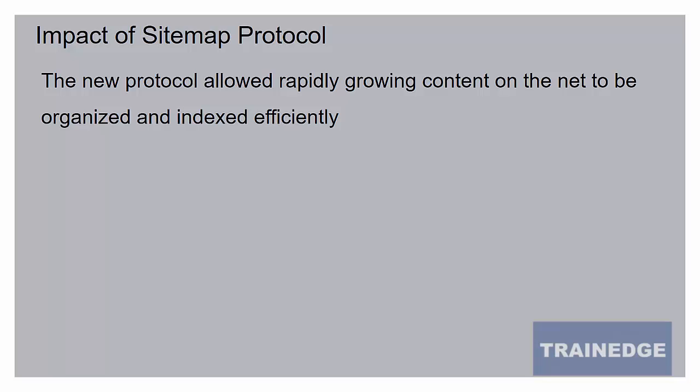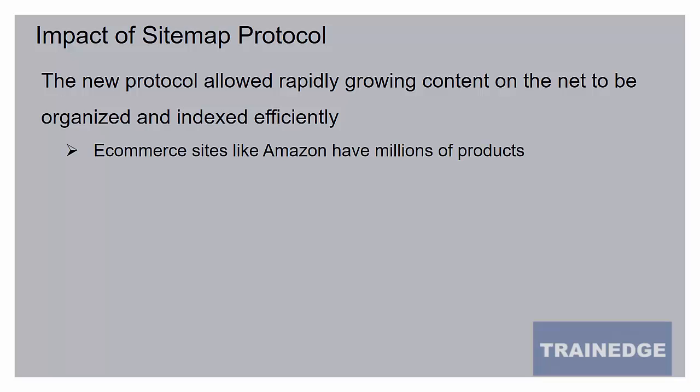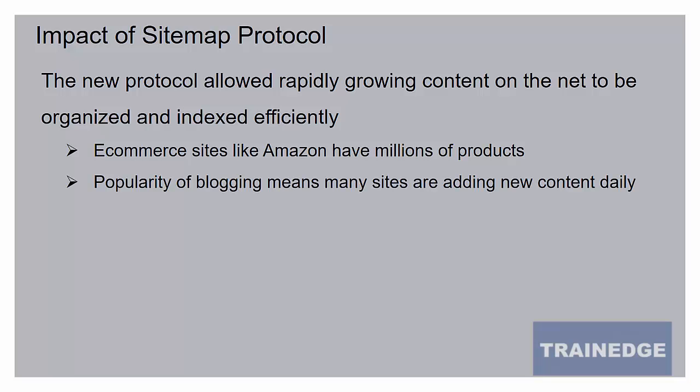So the sitemap has now become a way for a website to organize the content and for Google and Bing search engines to efficiently index the pages on the site. If you look at Amazon, it has got millions of products. Each product has a page, so they got millions of pages.